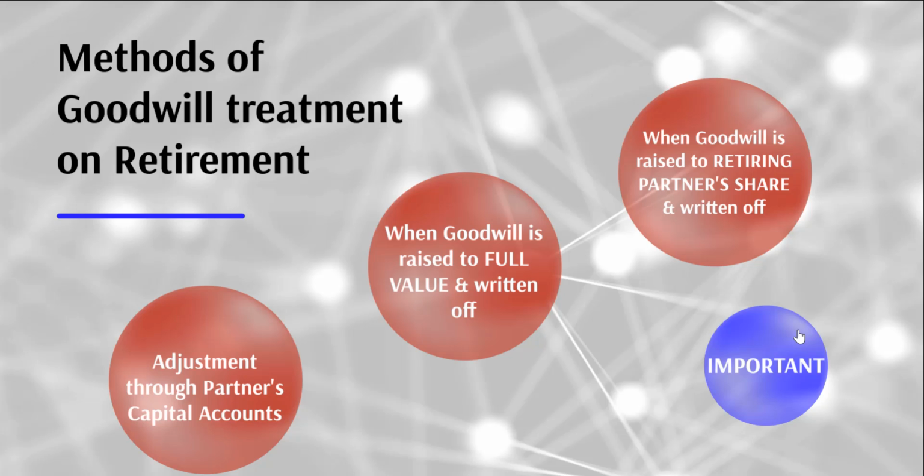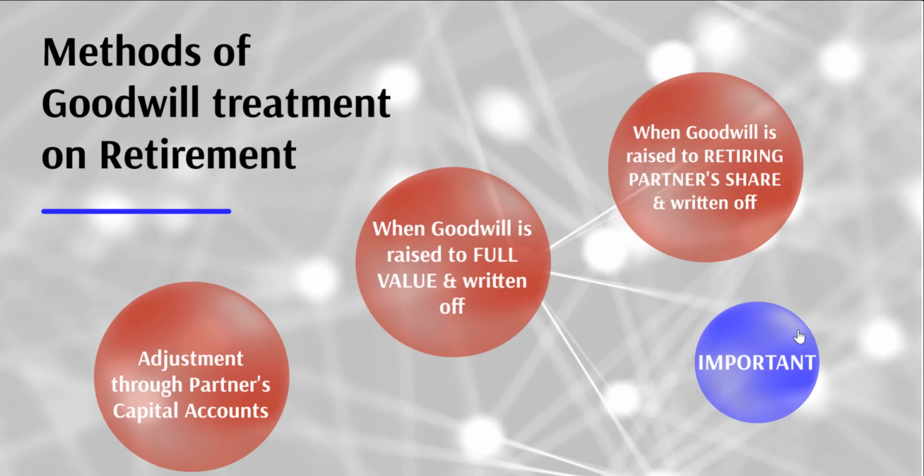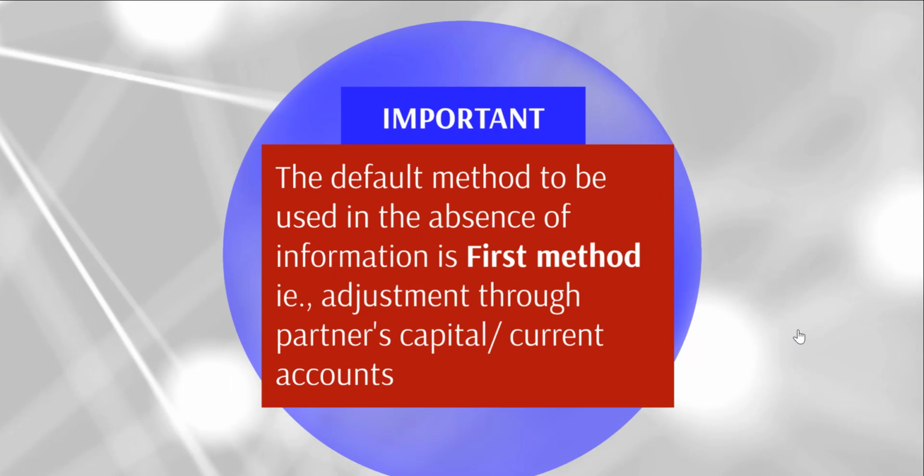Now, in the absence of information, which method do we follow? The default method to be used in the absence of information is the first method that we discussed, that is adjustment through partner's capital or current account.